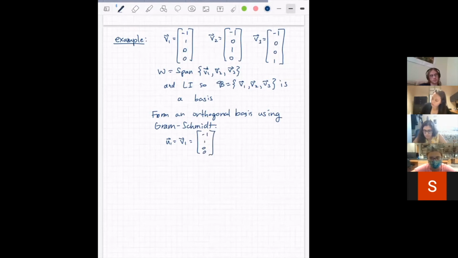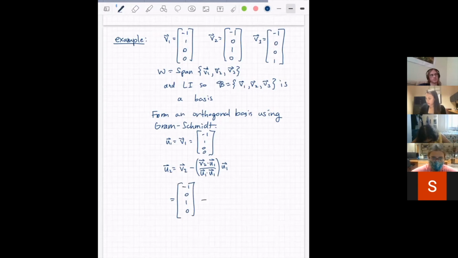And then U2 is going to be V2 minus the projection of V2 onto U1. Okay, so that's just the formula. So let's fill in what this will give us. So maybe give myself some more room. Okay, V2 is minus 1, 0, 1, 0.